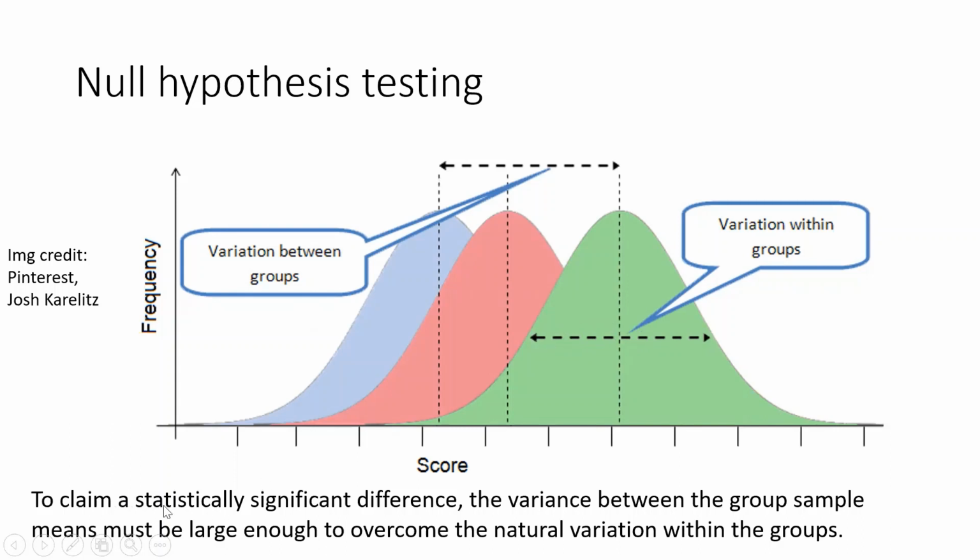So to claim a statistically significant difference between this mean and this mean and this mean, the variance between the group samples has to be large enough to overcome the natural variation within the groups, which we quantify with standard deviation.